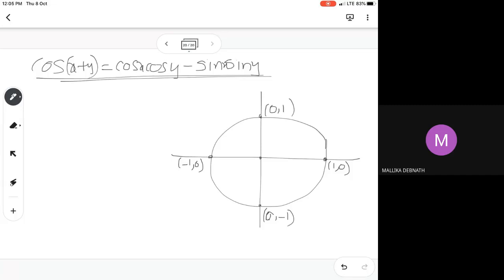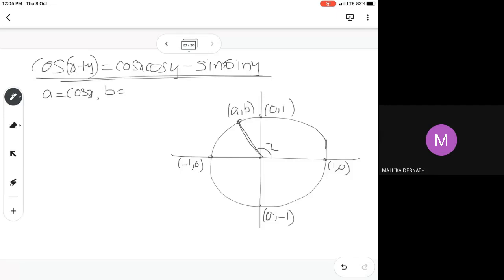And here, if a ray makes an angle of x radians with the x-axis, and you consider the coordinates of this point as (a, b), then as per the definition of the trigonometric functions sine and cos, the x-coordinate is cos x and the y-coordinate is sin x.